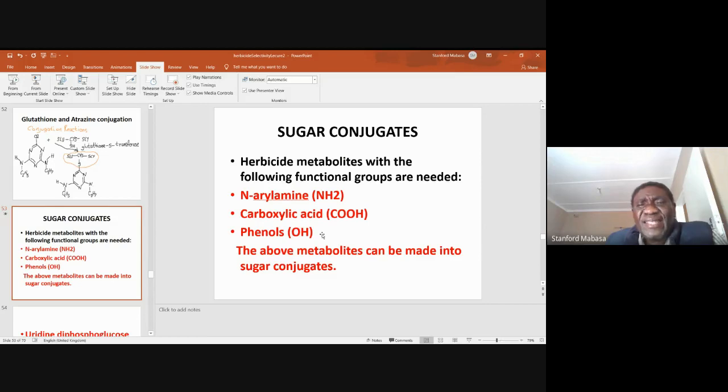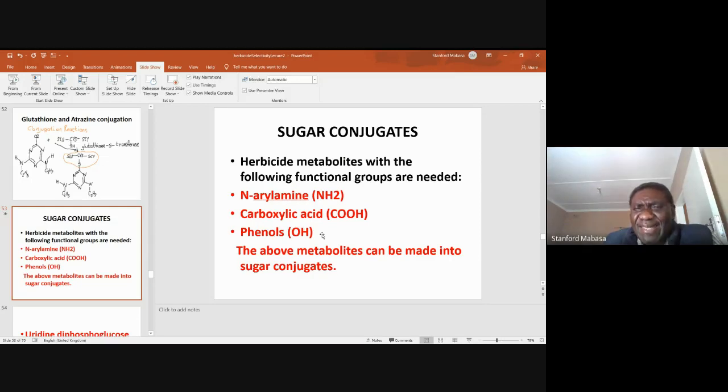We know that sugar in an organism or in plants is supposed to provide energy via respiration. But another function is that sugar molecules can protect the plants from herbicide effects.